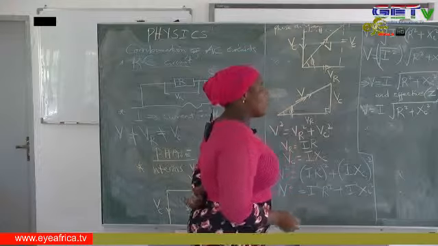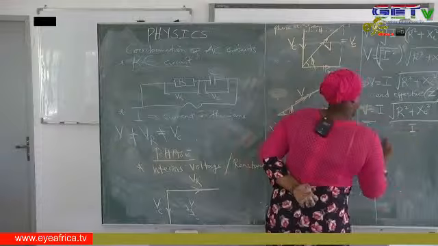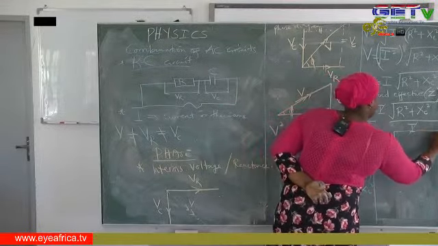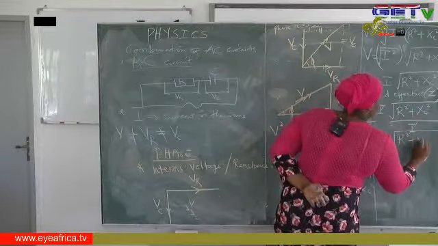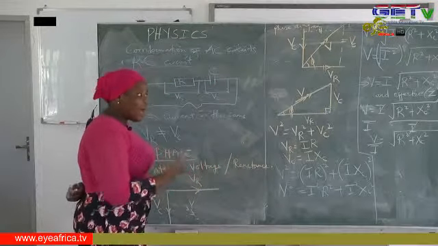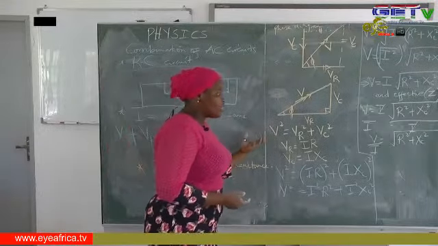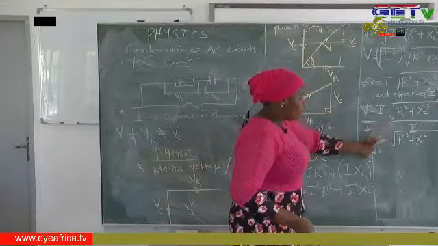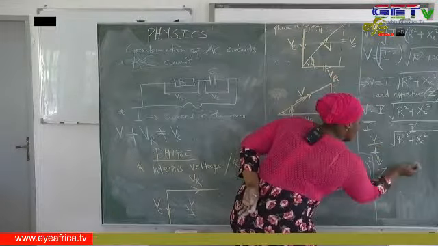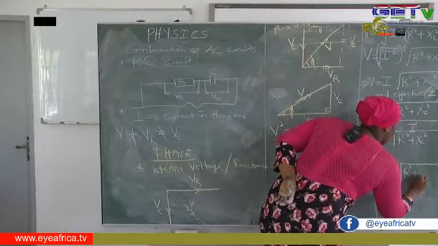If we divide both sides by I, we have V over I is equivalent to the root of R squared plus XC squared. But from Ohm's law, V over I gives us R, the resistance, which is the opposition to the flow of current. But in this case, the opposition to the flow of current is known as Z. So V over I is simply written as Z, which is equivalent to the root of R squared plus XC squared.